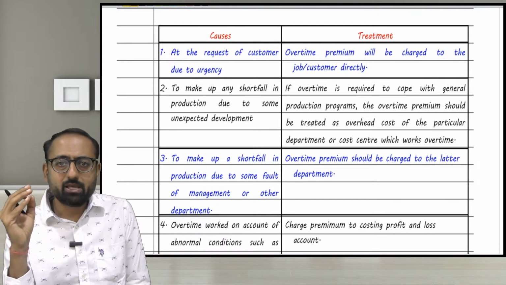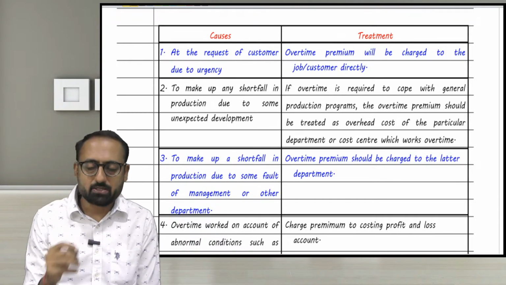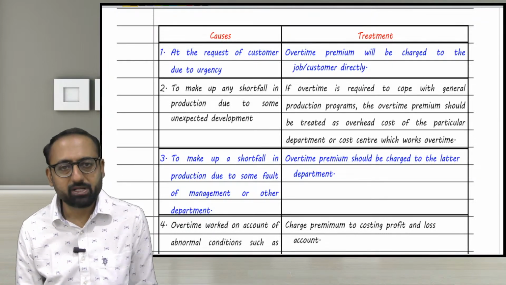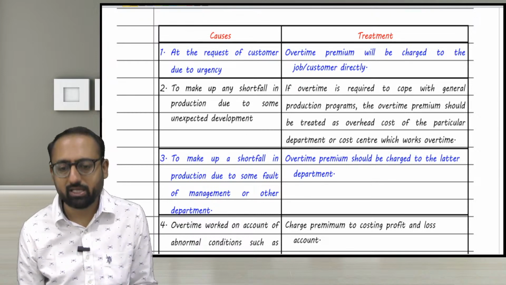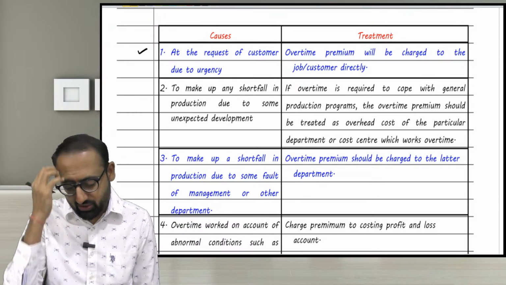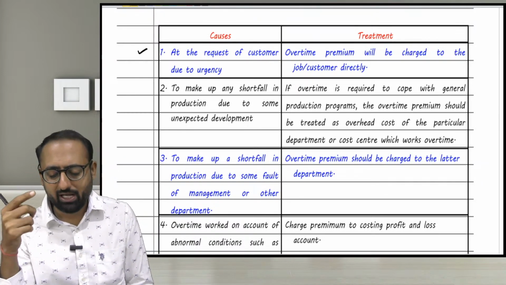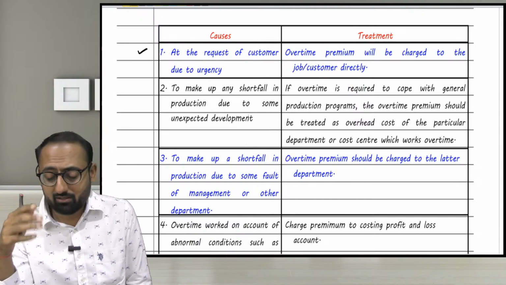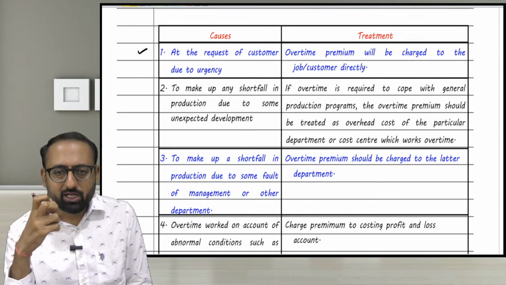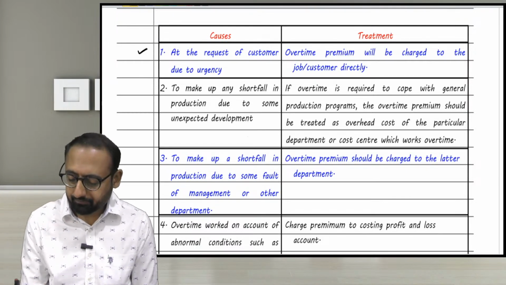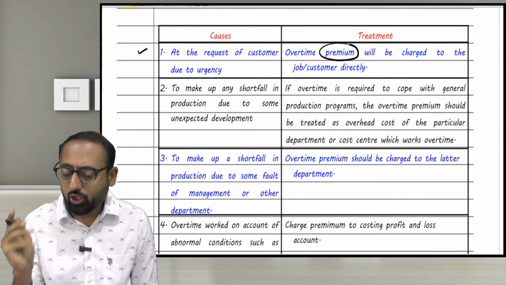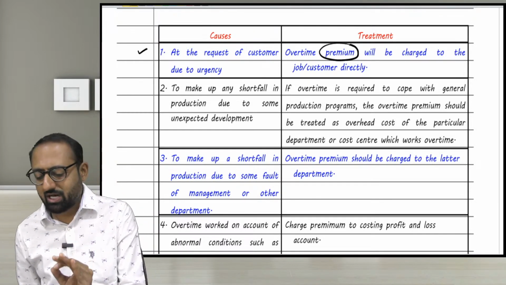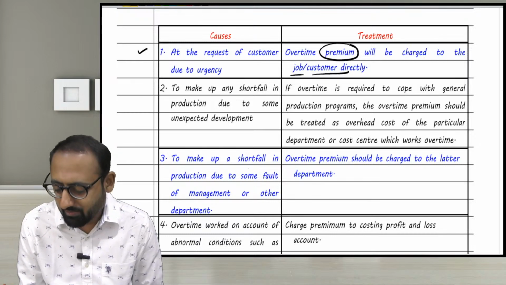If the labor overtime is worked at the request of the customer, the customer wants expedited delivery, urgent delivery, and for that purpose they requested us for that fast delivery, then whatever premium we are paying, remember guys, we're talking about the premium, will be charged to the job or the customer directly.